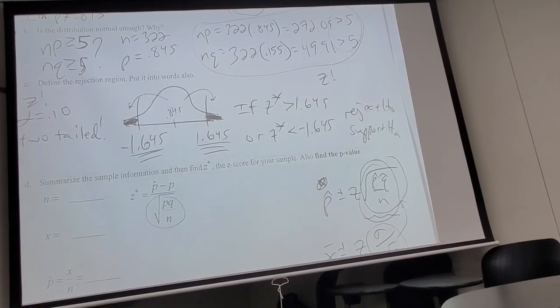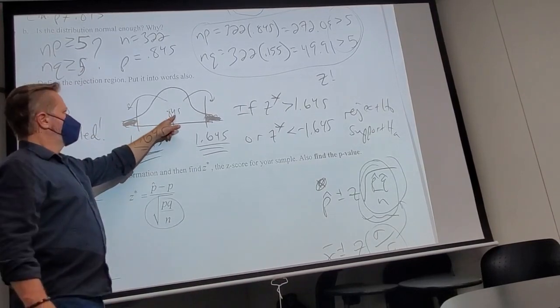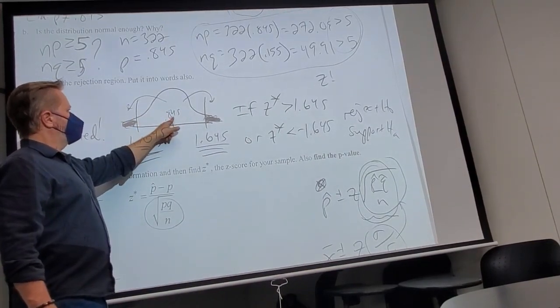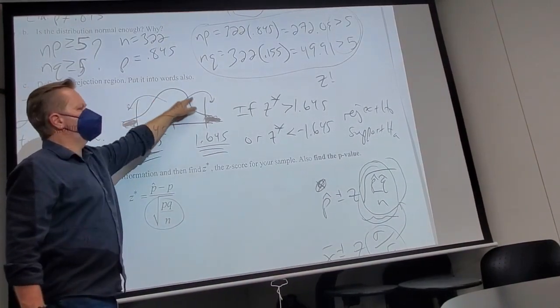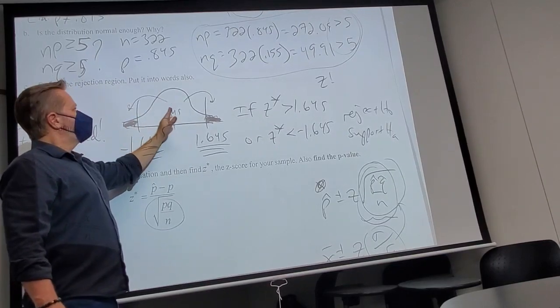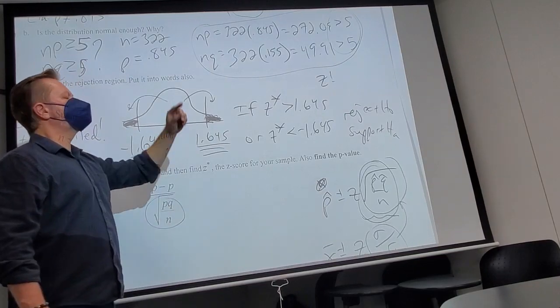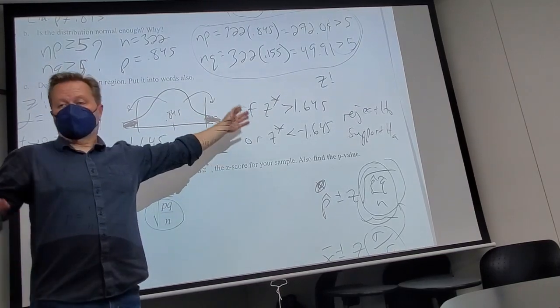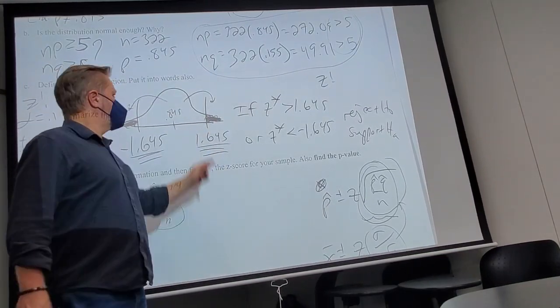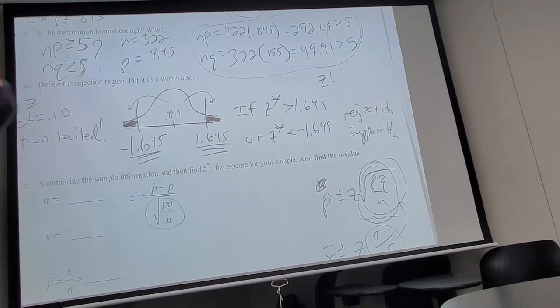So again, the null is the one that thinks it equals 0.845. If it does equal 0.845, I should get a sample close to it. So a sample far away from this is evidence that that's wrong. That's why we can reject the null hypothesis. It needs to do the things that are in here. Okay.